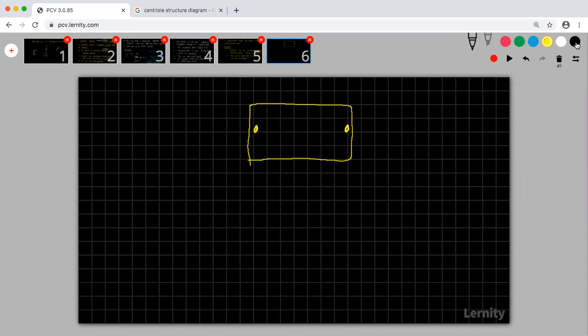Here there will be a pair of centrioles. I told you that they have to be perpendicular. So one of them will be like this and the other one like this. Here also it will be perpendicular to each other.